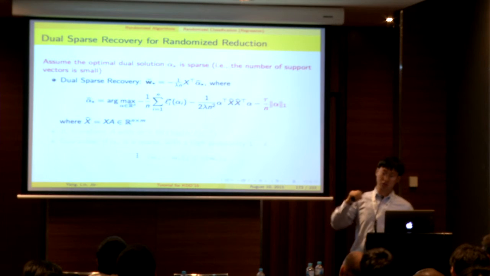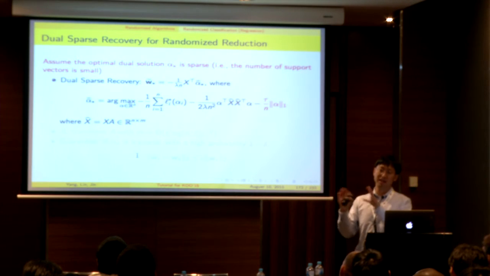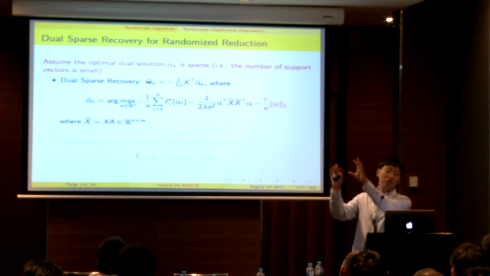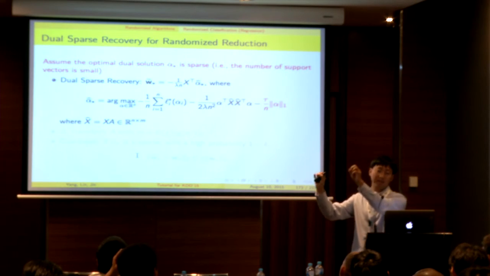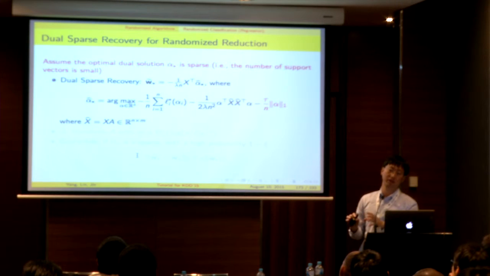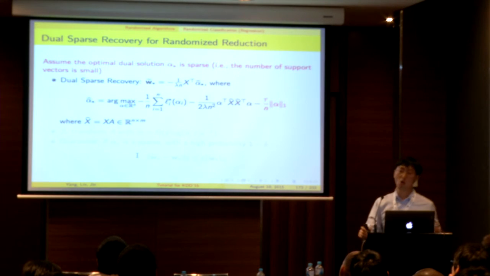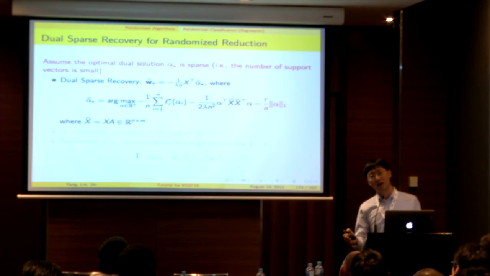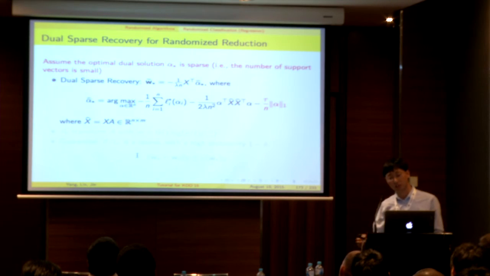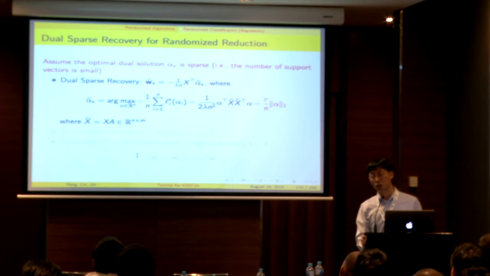But after reduction, many examples may become a little bit difficult to separate. So originally non-support vectors may now become support vectors. That's why we introduce the L1 regularization, to push originally non-support vectors to remain non-support vectors, to enforce the sparsity in the optimal dual solution.